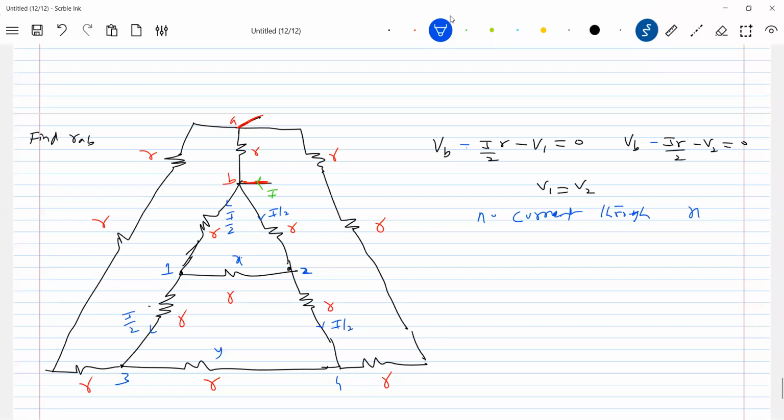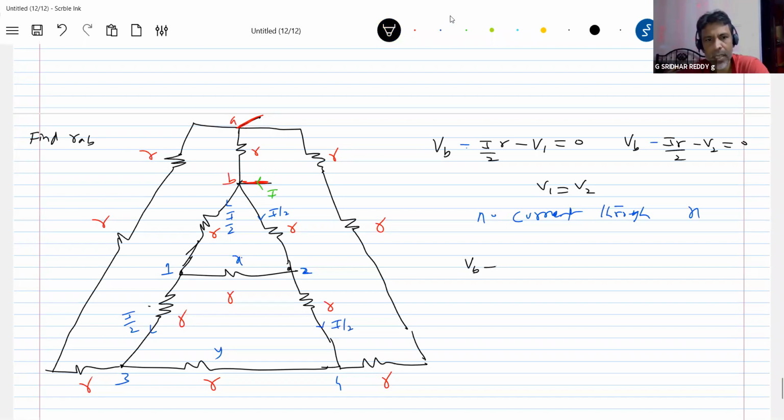Wait, let me finish; in the end you can comment. VB minus I by 2 R minus I by 2 R minus V3 equals 0. Similarly, VB minus I by 2 R minus I by 2 R minus V4 equals 0. So V3 equals V4. Again, points 3 and 4 are at the same potential.